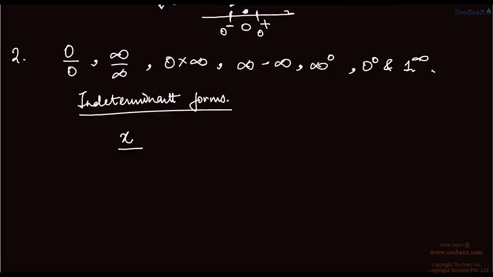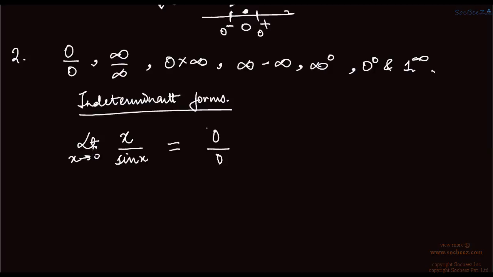Example for this is limit x tending to 0 of x by sin x. Now the numerator is tending to 0 when x is tending to 0. Sin x also tends to 0.